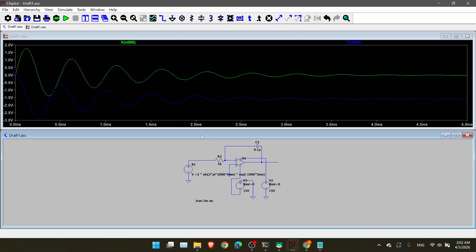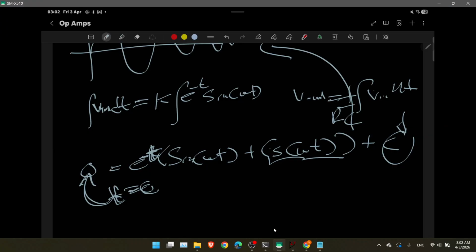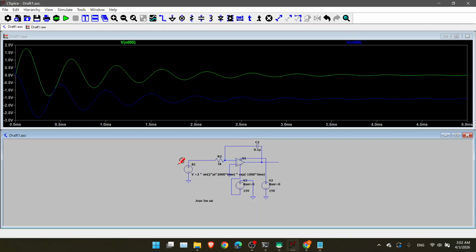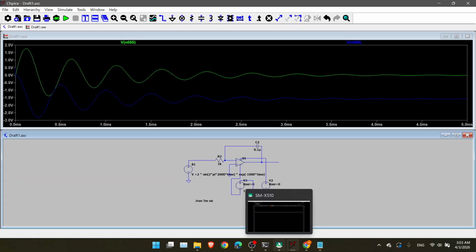This minus sign: V out is equal to minus 1 over RC times the integration of v in. Because of that minus sign, this becomes inverted. So that is what I wanted to tell, how this integration and differentiation happen.